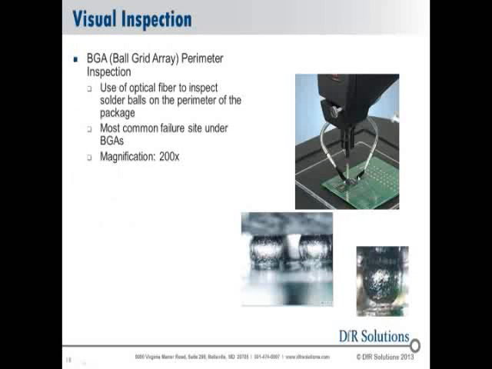Now, we also have newer microscopes with fiber optics that allow us to look under these very low-profile BGAs and QFN type packages that are coming out these days. Saves you from having to cut the part apart and look at it, and this is very useful for initial upfront quality inspections as well.